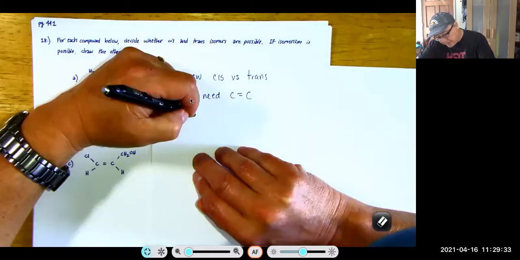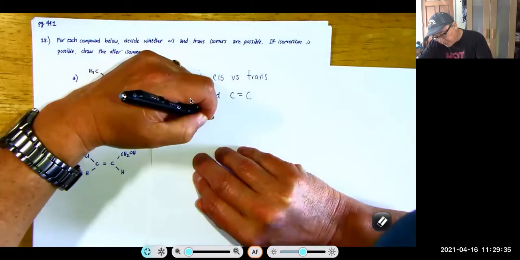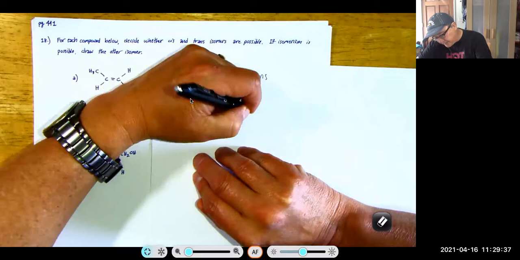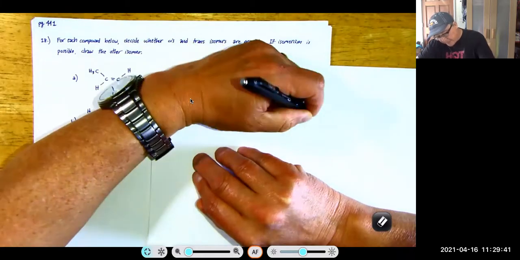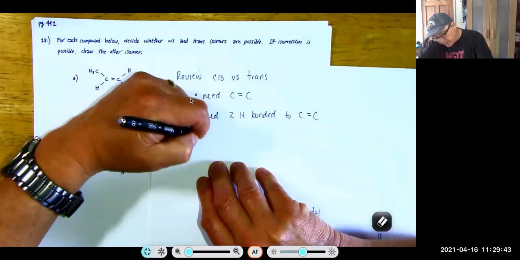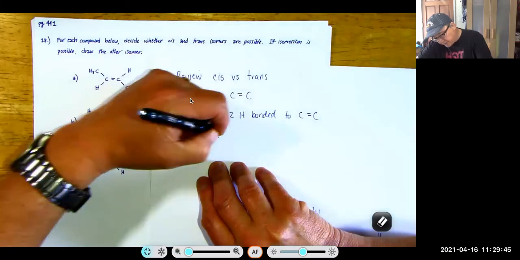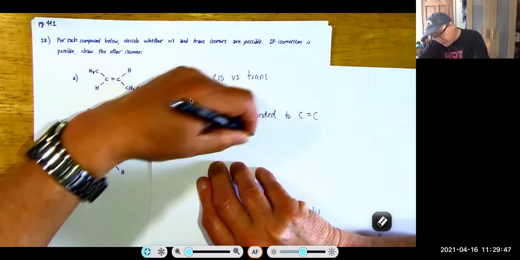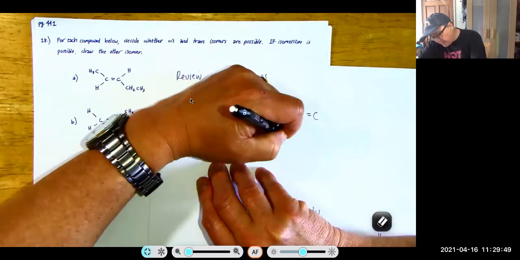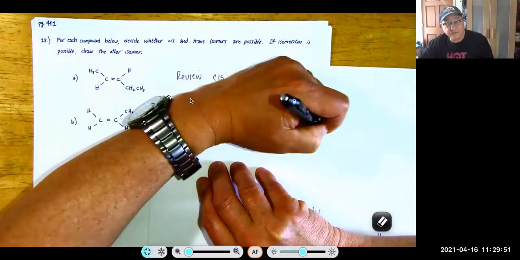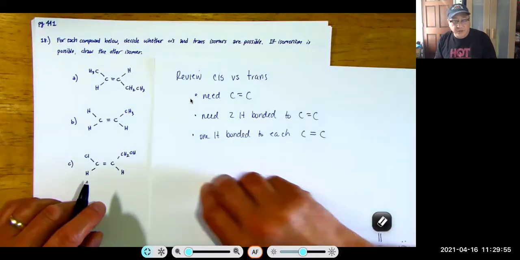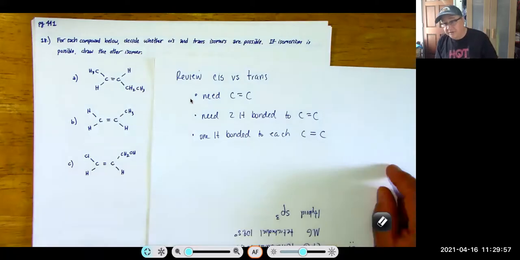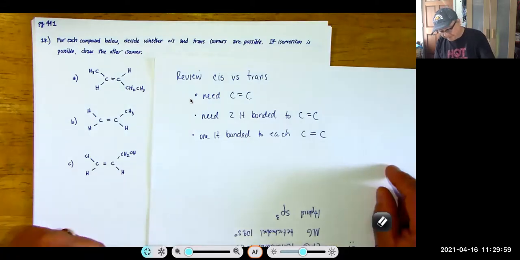You need 2 hydrogens bonded to the carbon-carbon double bond, and 1 hydrogen bonded to each carbon of the double bond, right? Not 1 hydrogen or both hydrogens on 1 carbon, 1 apiece.